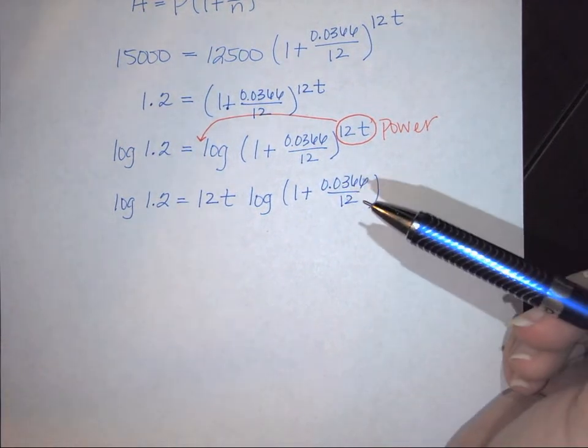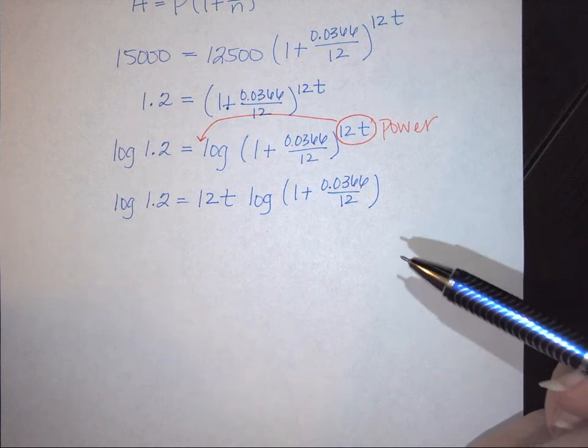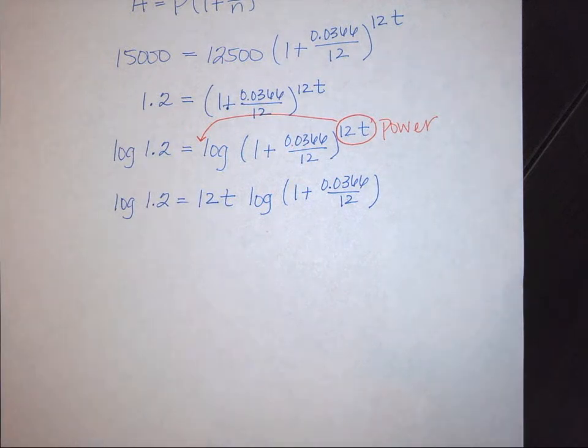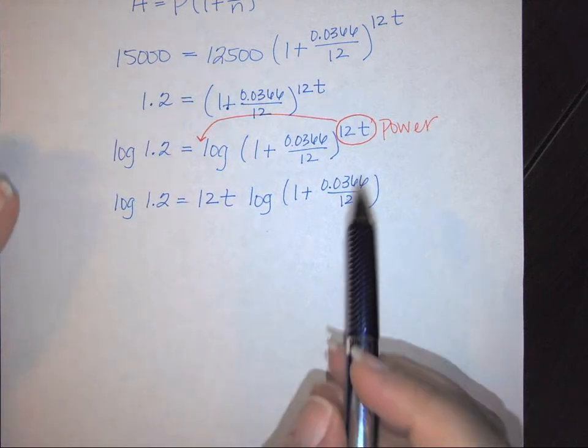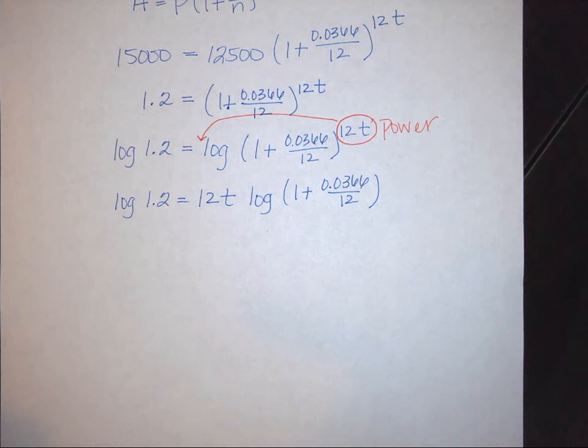And notice I have not done the math inside my parentheses here. I am saving that for the point when I am actually ready to start solving. Because what you don't want to do is round early on in your problem and thus cause mistakes or issues down the road. So I want to save all of my calculator work to the very end. So I would leave these parentheses alone till you get down to the bottom.